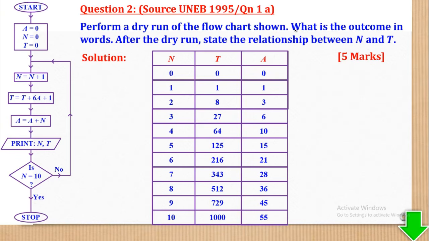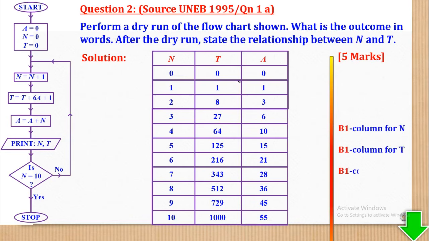Then they told us what is the outcome in words. So before we go to the outcome, let's see marks for this. So B1 for this column of capital N, B1 for this column of capital T, B1 for this column of capital A, all correct.